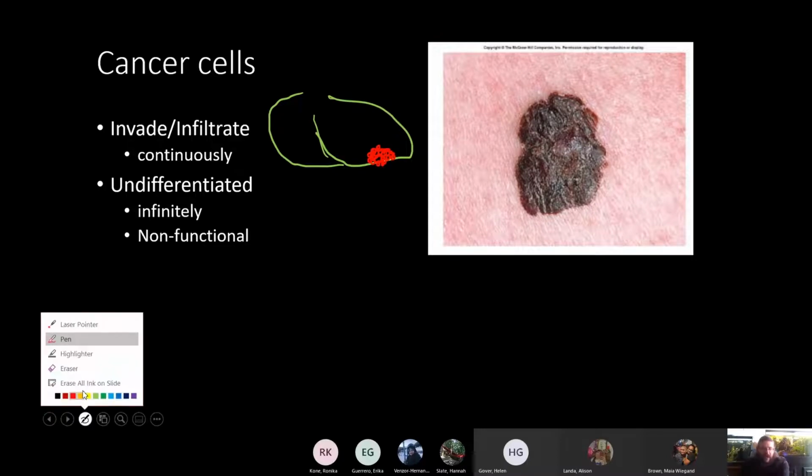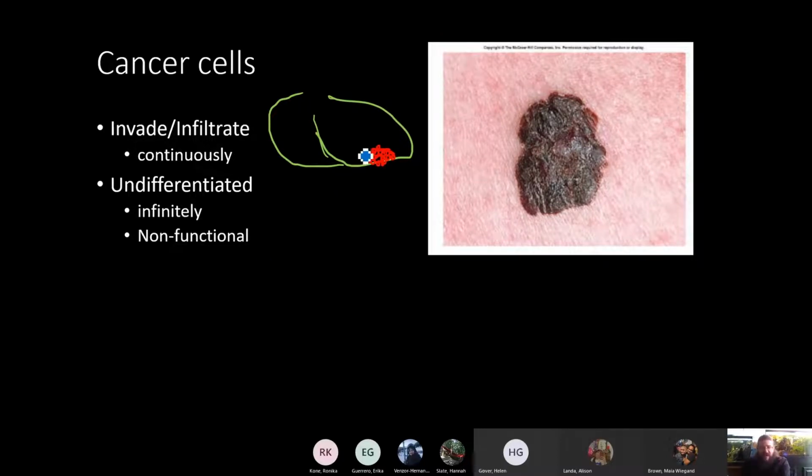So not great. A liver, by the way, has a ton of blood vessels in it. So there's my ton of blood vessels.